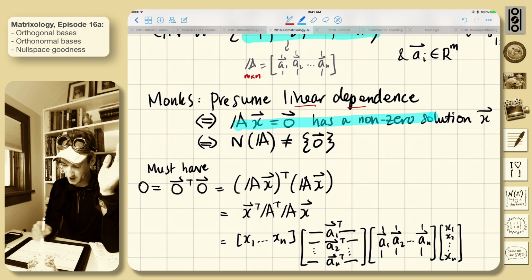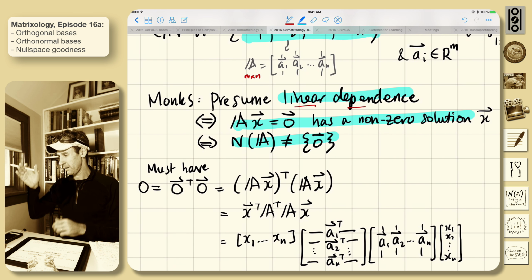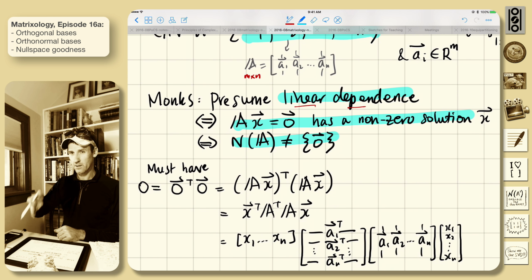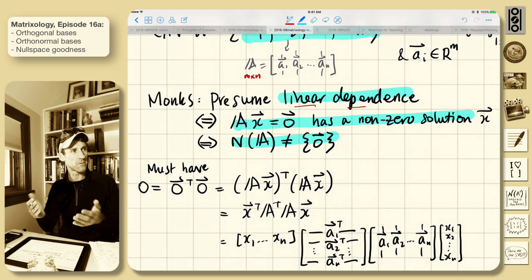So there's some way of multiplying the first column, the second column, the third column by some numbers, many of which could be 0, and then adding them up to get 0, which in turn means one of them can be expressed as some combination of the others.